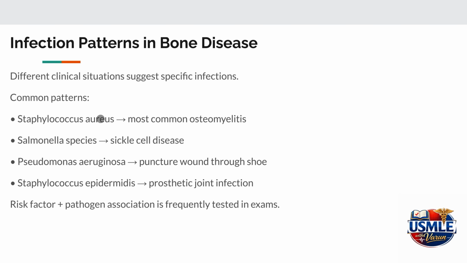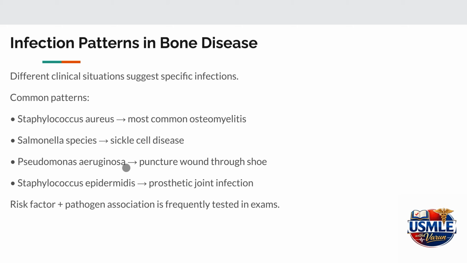Another strategy for solving questions is to associate specific pathogens with particular clinical situations. For example, Staphylococcus aureus is the most common cause of osteomyelitis overall. Patients with sickle cell disease commonly develop osteomyelitis caused by Salmonella species. Puncture wounds through athletic shoes are often associated with Pseudomonas aeruginosa infection.